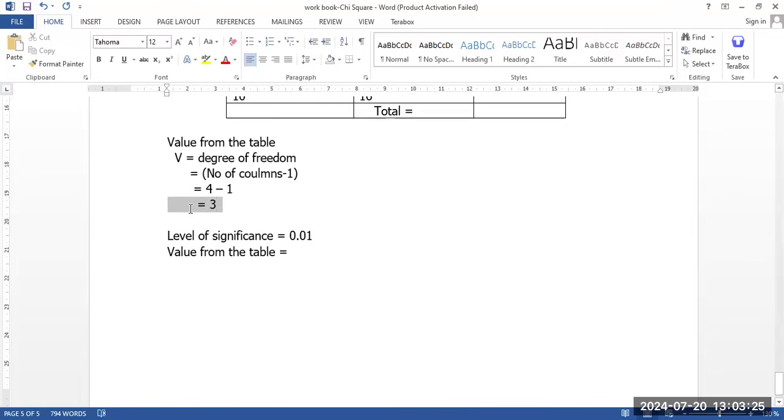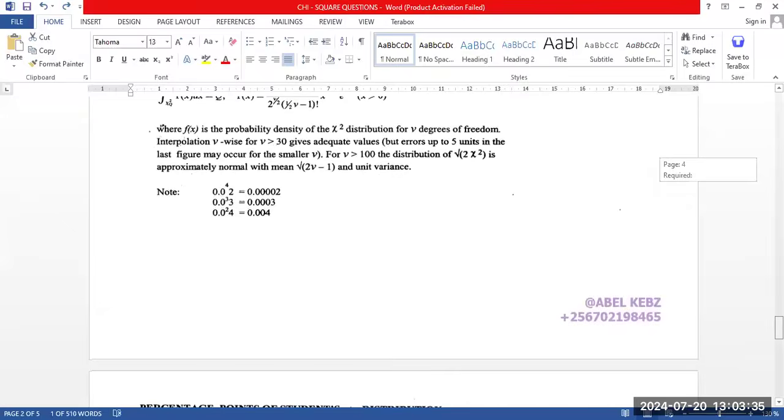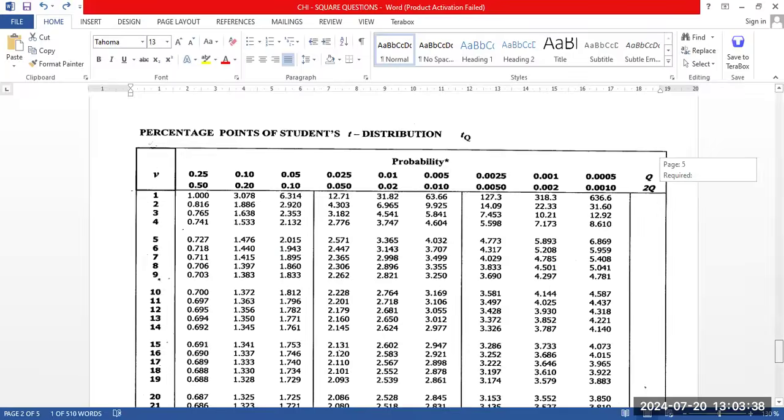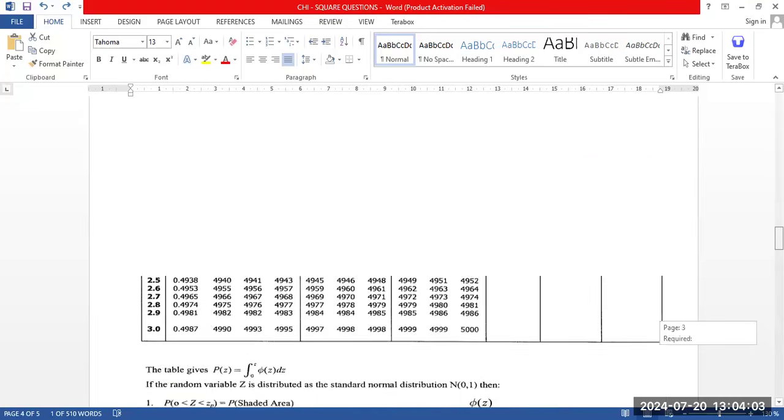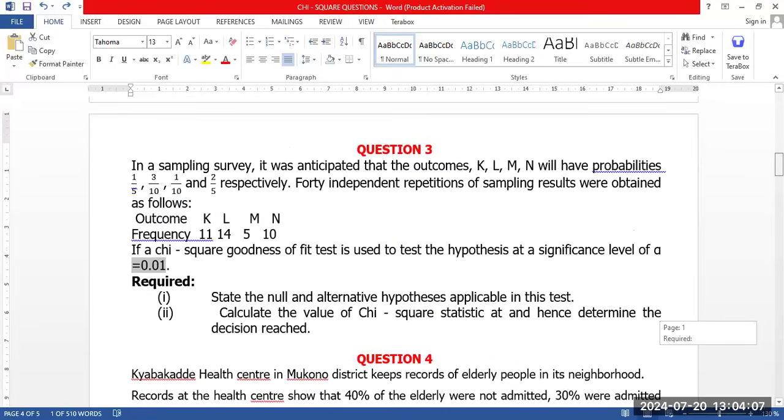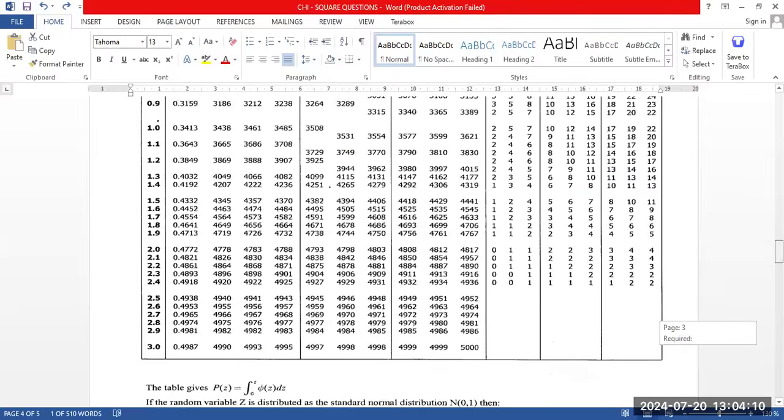You stand where you have V as 3, then move horizontally and look for where you have 0.01. Yet I am using a different table.